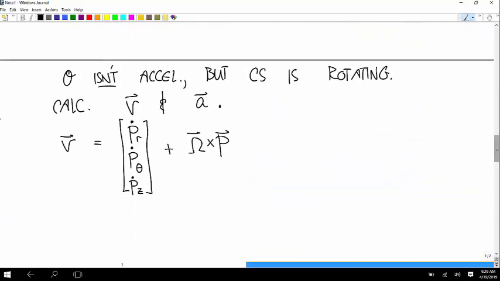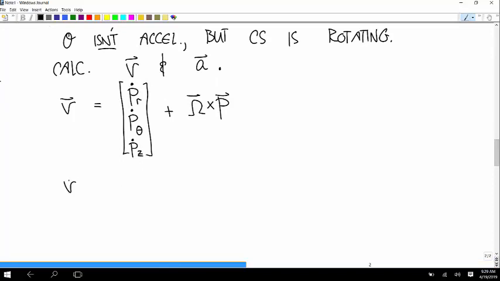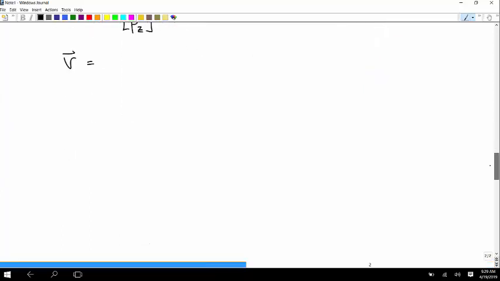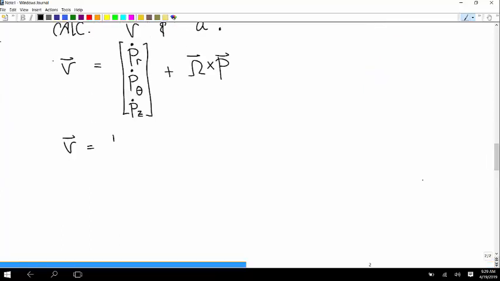Okay, so take the time derivative of the r component of the position. You get r dot. These other two are always 0, so the time derivative of a 0 function is 0.